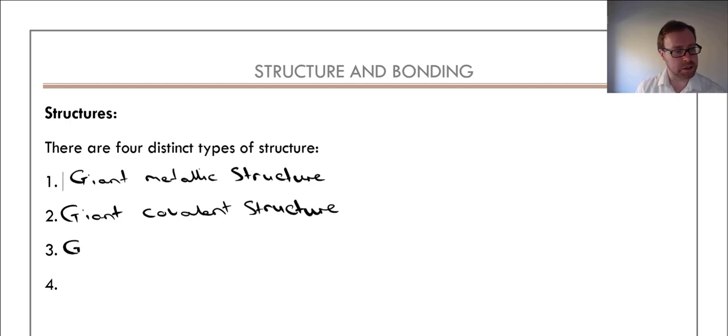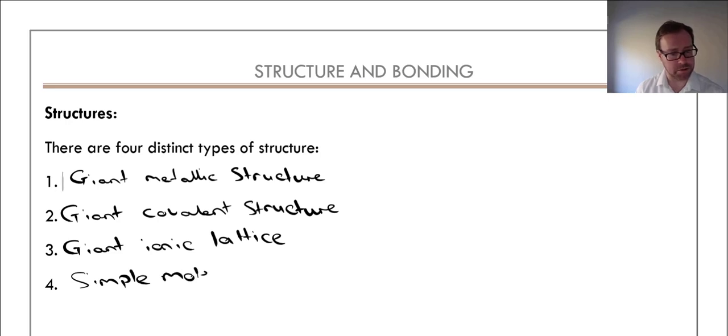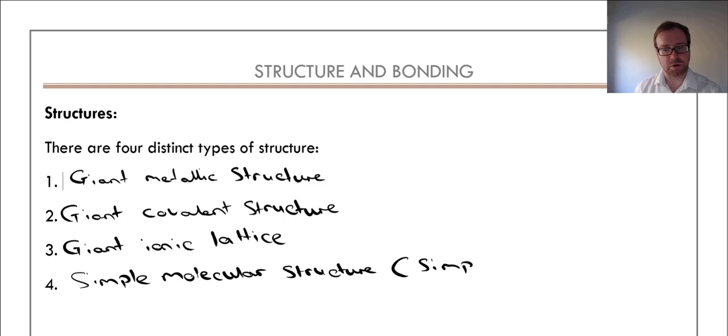Our third one is giant ionic lattice, and our last one is a simple molecular structure. It's going to be written in brackets as well. You may also see this called simple covalent. It means the same thing.